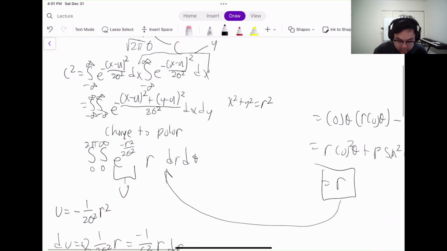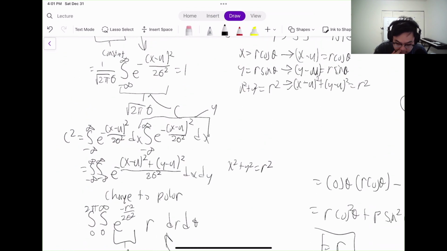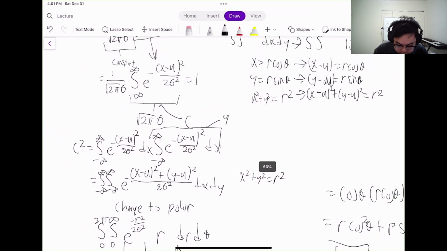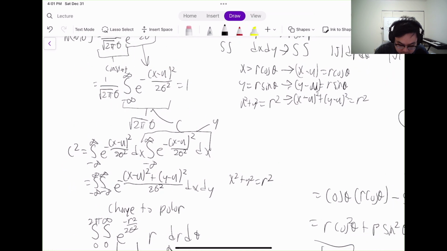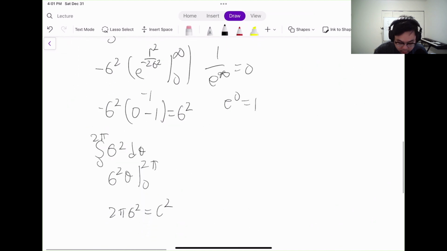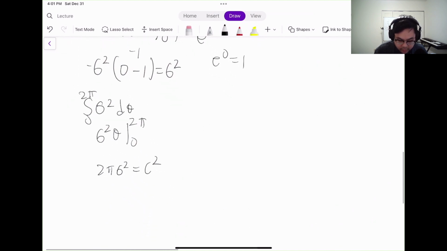What do we want c to equal? We want c to equal this, the square root of 2 pi sigma squared. If we can prove that c equals this, then this cancels with this part here, and it equals 1. Okay? So how do we get rid of this square?